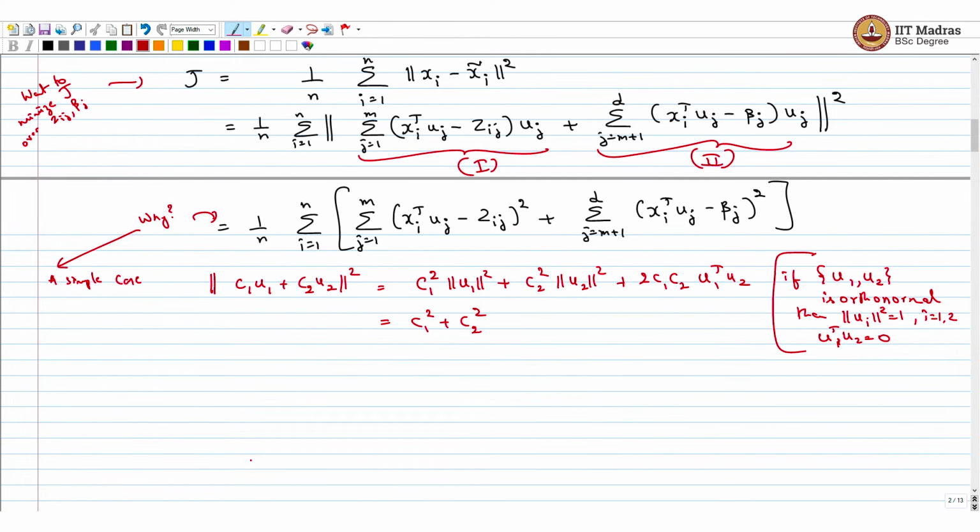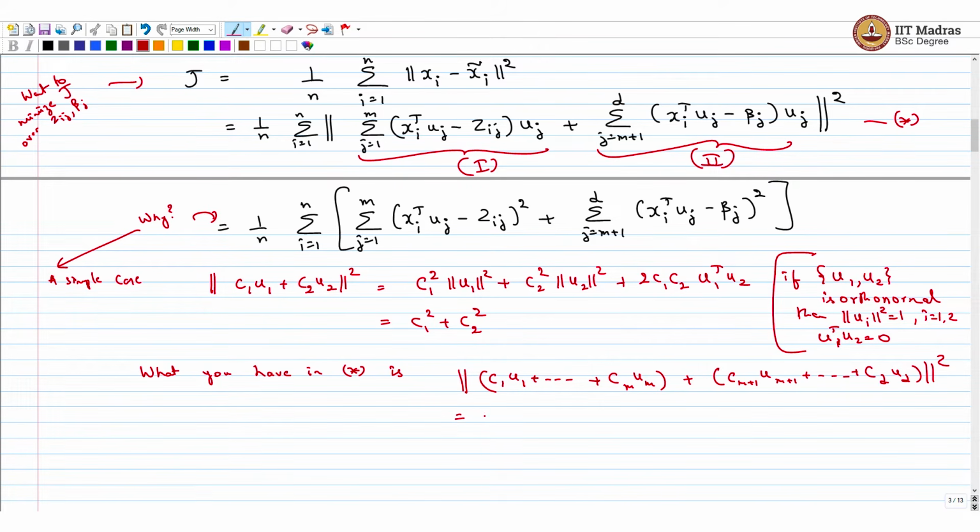Then what you have in star is the norm of some c1 u1 until, you can extend this logic, cm um plus something else, which is cm plus 1 um plus 1 until some constant, it does not matter what it is, ud.